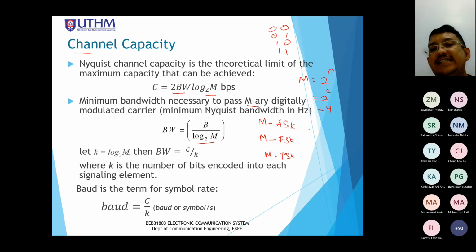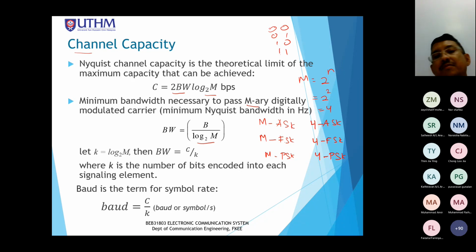If I'm using ASK modulation with 2 bits, I can write 4-ASK. This is just an example. If I'm using a 2-bit FSK, I can write 4-FSK. If I'm using PSK modulation with 2 bits, this is 4-PSK.